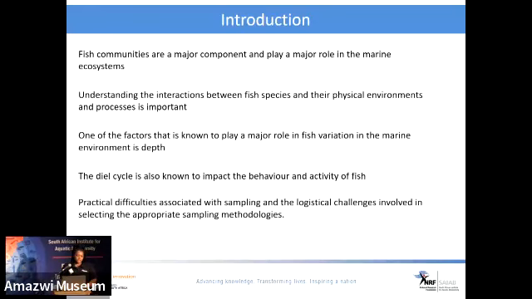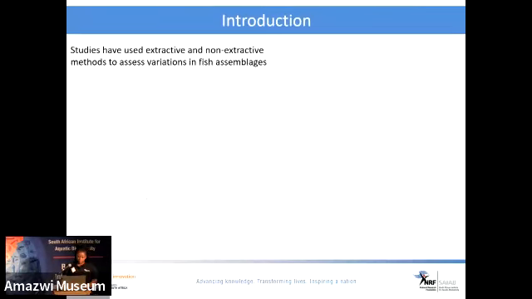Even though this is the case, most studies are restricted to shallow water sampling and only diurnal sampling, probably because of practical difficulties associated with sampling during the night and in deeper depth zones, and also the logistical challenges involved in selecting the appropriate sampling methodologies.